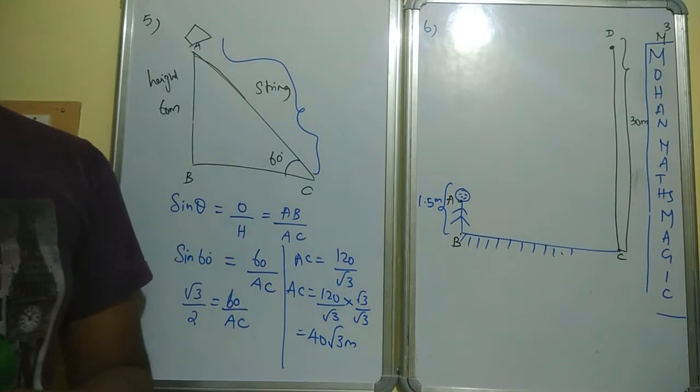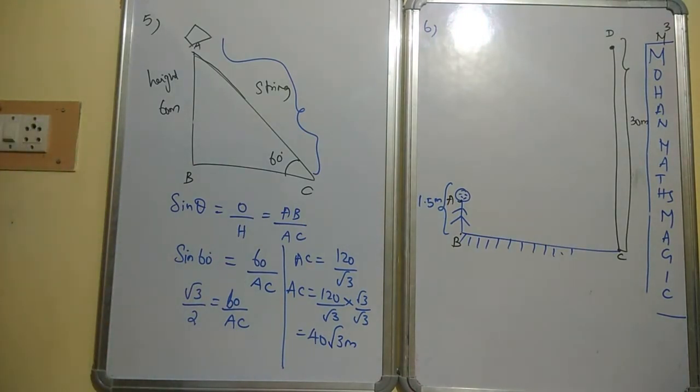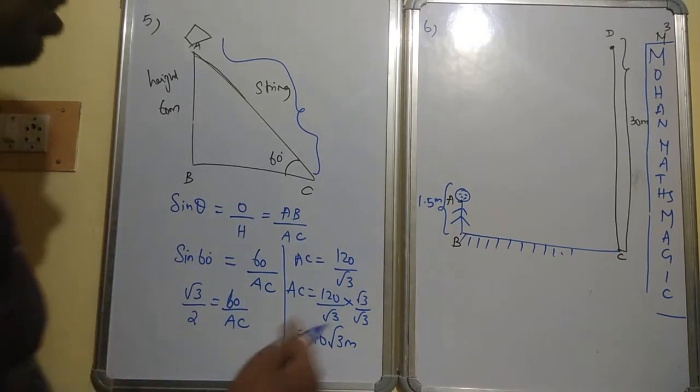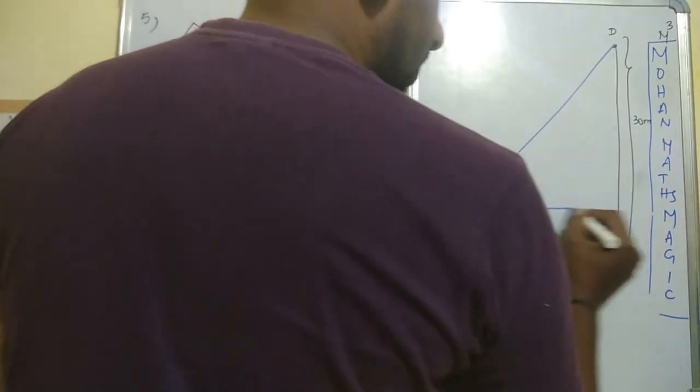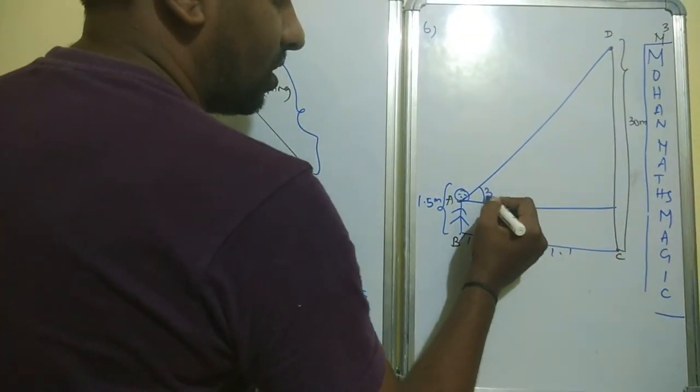Next, from his eyes the angle of elevation from bottom to top of the tower. From here, going forward, here it is 30 degrees. The angle of elevation increases to 60 degrees, from 30 to 60.